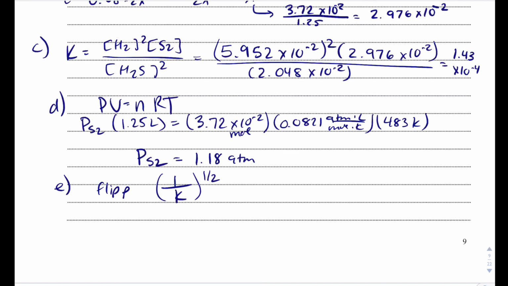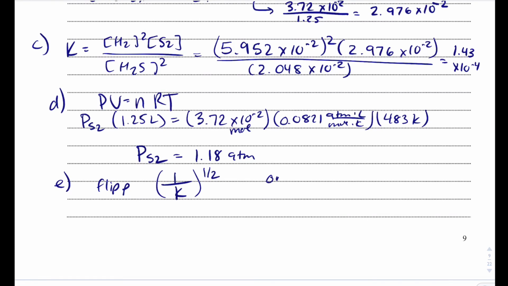So we get 1 over K to the 1/2, which mathematically is the same thing as K to the minus 1/2. When I take 1 divided by 1.43 times 10 to the minus 4, I get 83.6, which should make sense. If the reaction is non-spontaneous in one direction, if I flip it, it should be spontaneous in the other direction, and that is what I see.